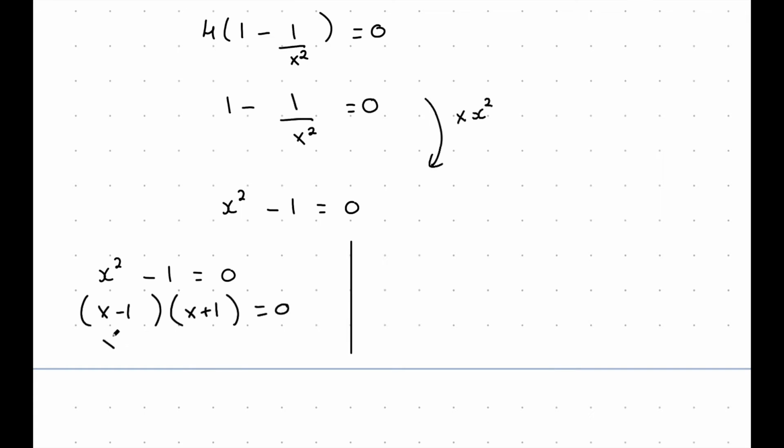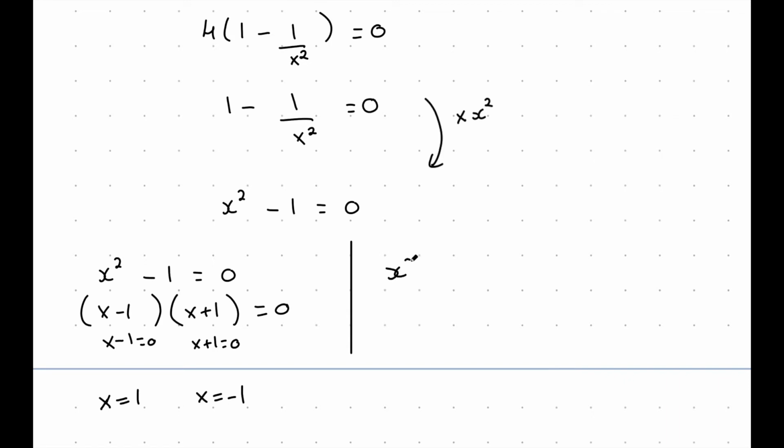That means one or both of those things are equal to 0. So either x minus 1 is 0 or x plus 1 is 0. When I continue on to solve that, I'm going to have x is equal to 1 or x is equal to minus 1. Notice how I have two different x values, two turning points that I need to talk about.